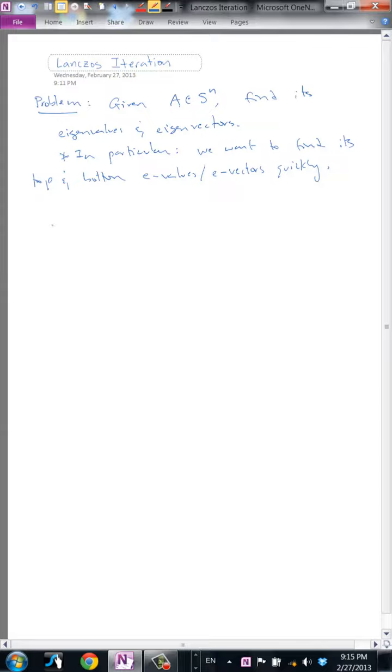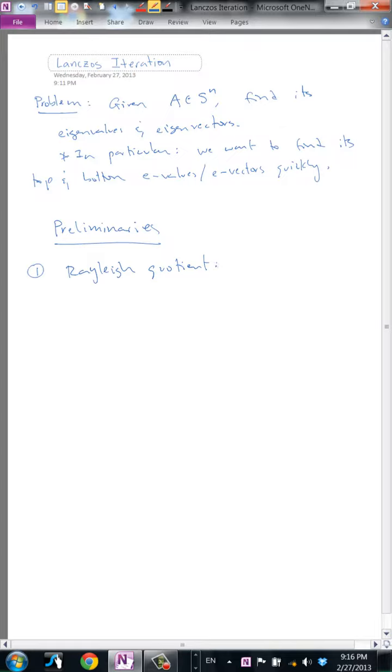So first, we need to discuss a few preliminaries that we'll be using throughout this lecture. So first is the notion of the Rayleigh quotient. This is something that we've already discussed.